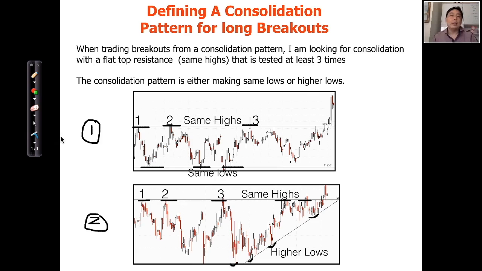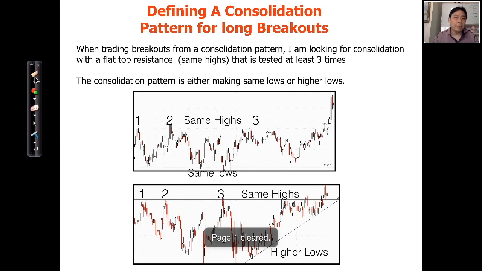Now, I've mentioned this in previous lessons, I think in the basic course, on how do you draw these resistance and support levels. Okay, and let me just mention it very quickly again here. Like I mentioned earlier, the price doesn't always go up and come down and go up and come down exactly at this point always.